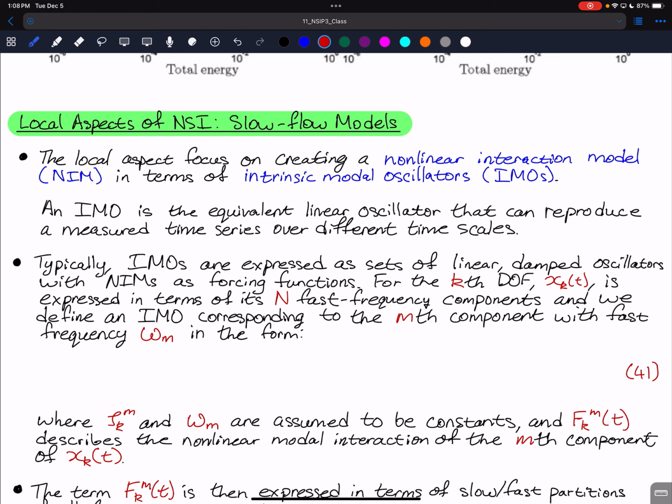So we're going to typically express an IMO or IMOs as a set of linear damped oscillators with nonlinear interaction models as their forcing functions. So for the kth degree of freedom, x sub k of t, we would then express that in terms of N fast frequency components corresponding to N IMFs.